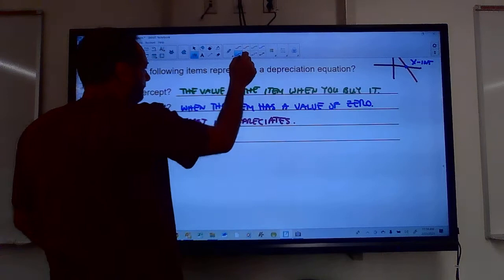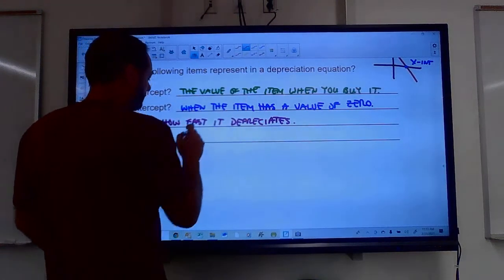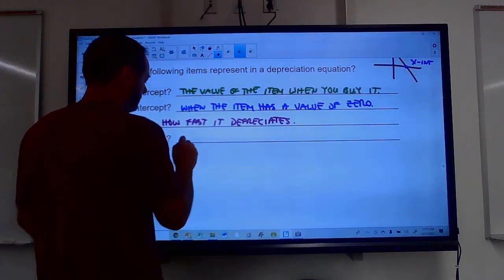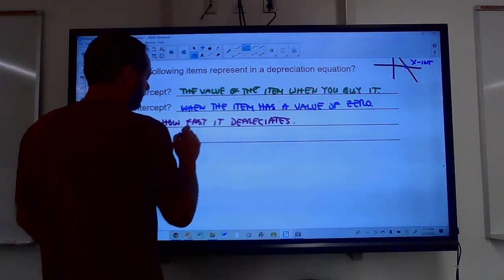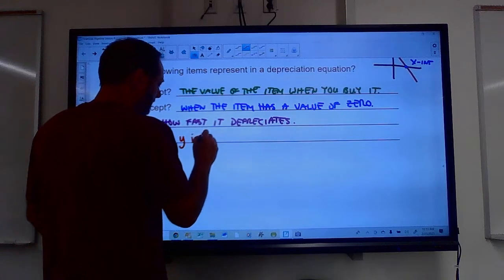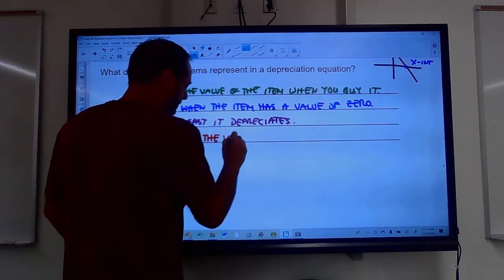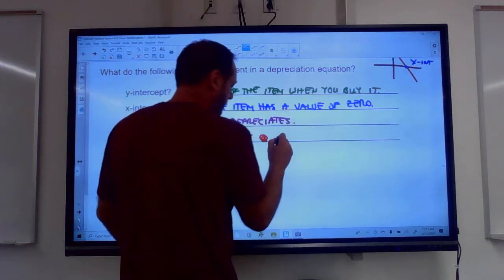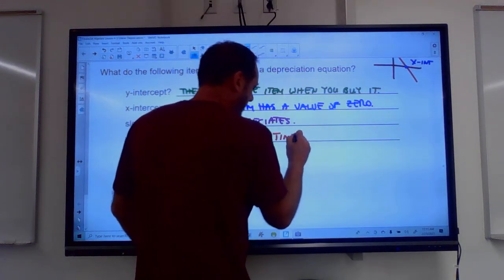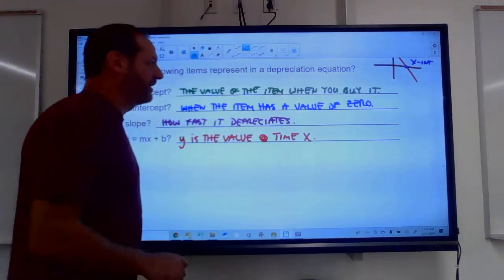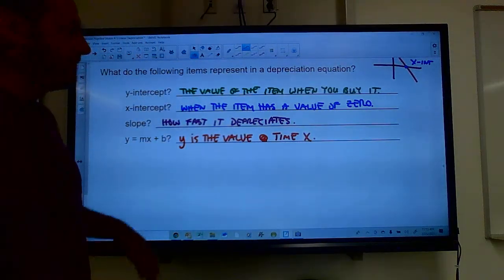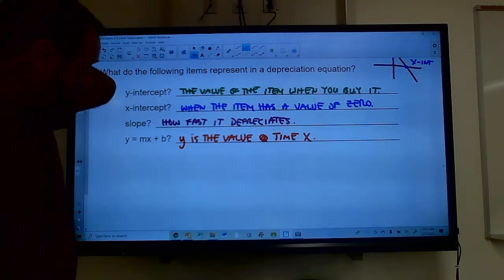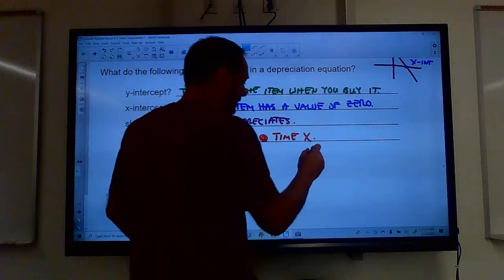So there we go. Y is the value of the item at time x. So if x is a year, then y is the value after a year. If x is 2 years, then y is the value after 2 years. Okay?